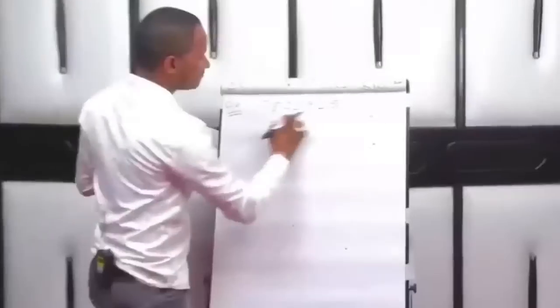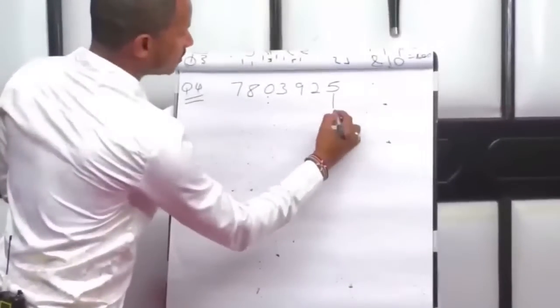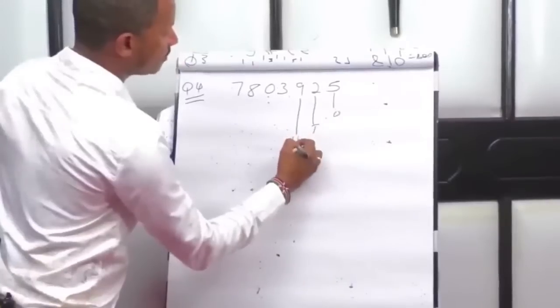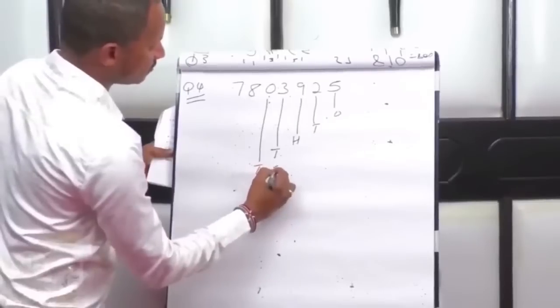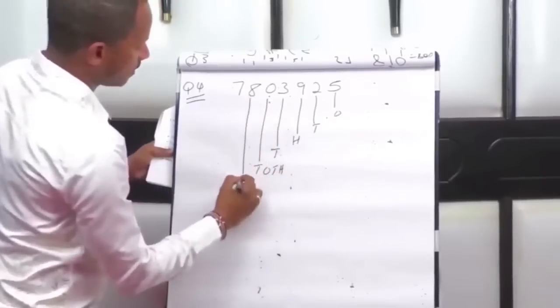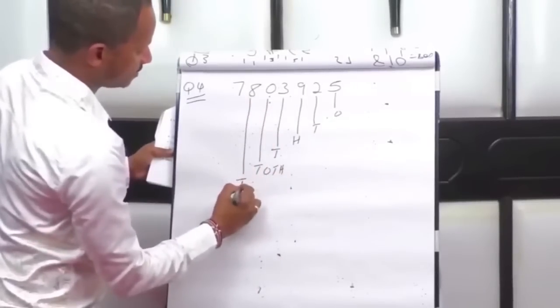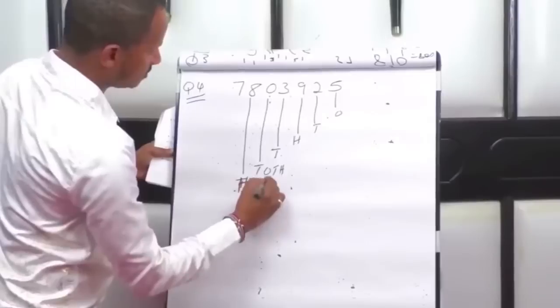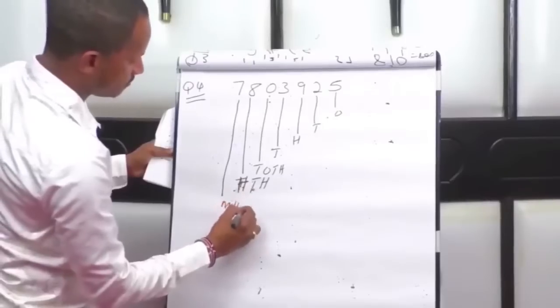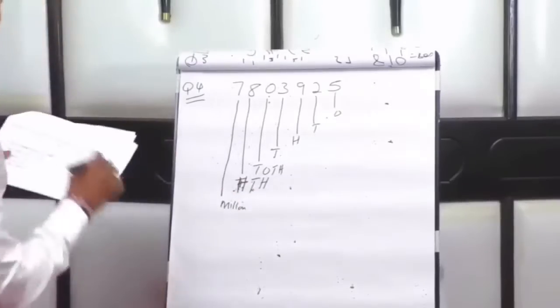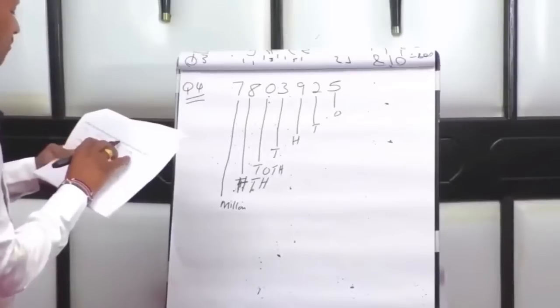So first of all, identify these ones. So this is ones, tens, the place value, hundreds, thousands, tens of thousands, hundreds of thousands, then million. So what is the place value of digit 3?